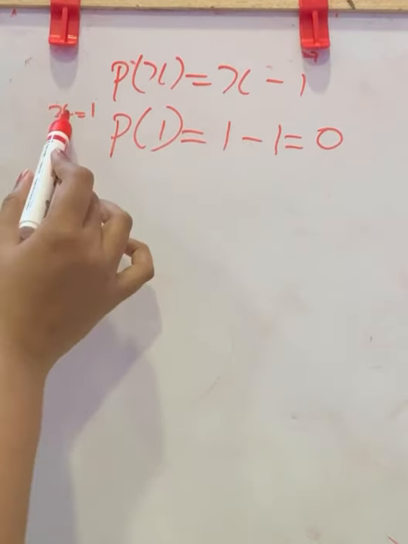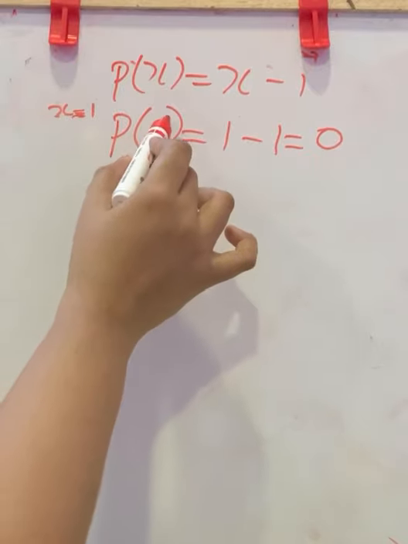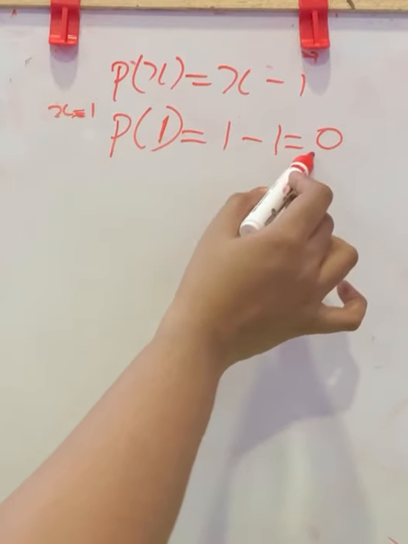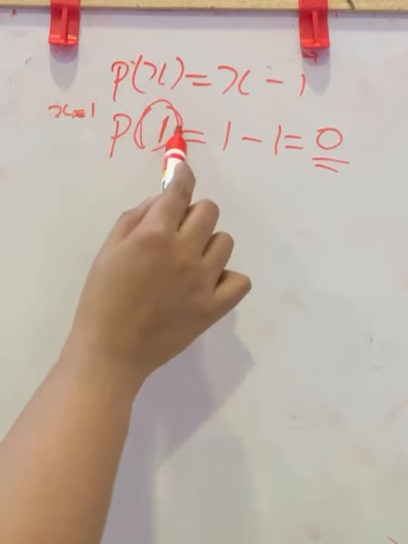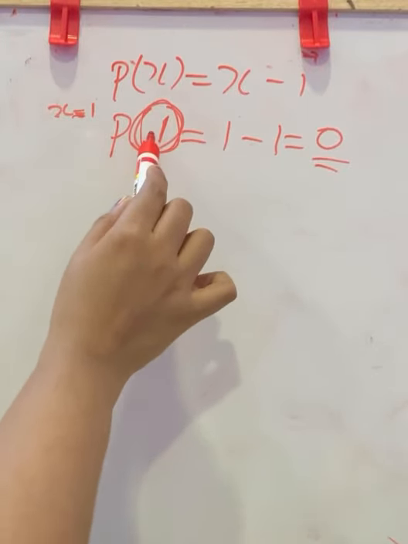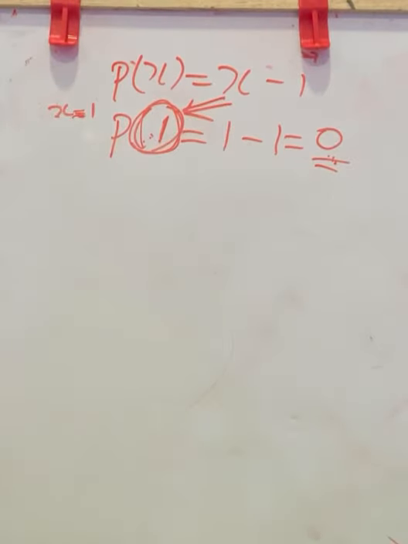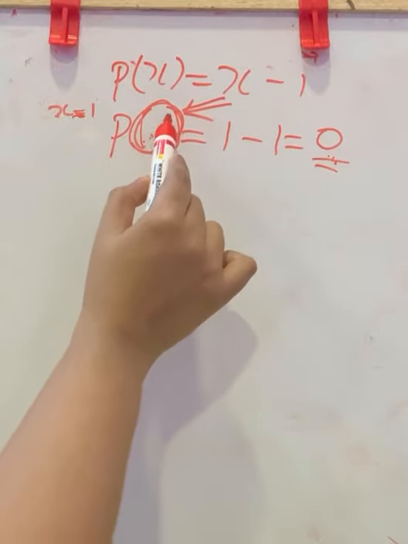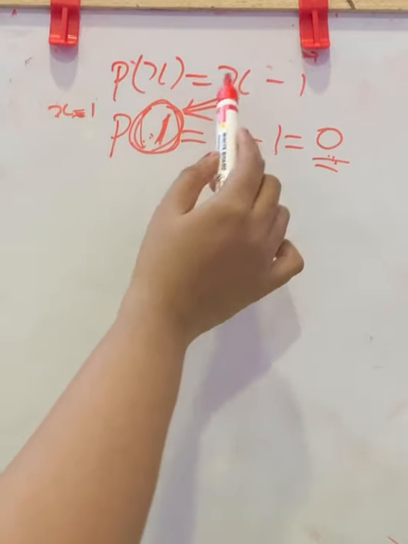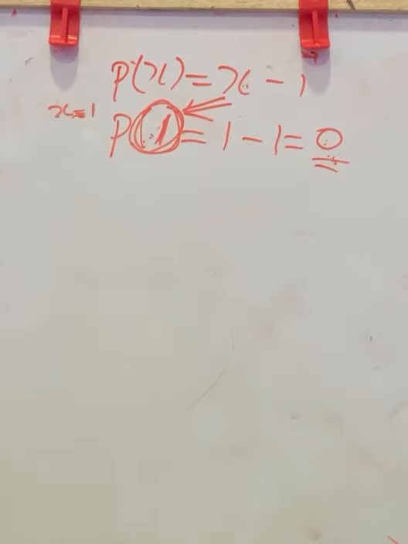So here, when we substitute the value of x as 1, we got the result 0 for this polynomial. And this value which we substituted to get the answer 0 is called the zero of the polynomial. So the zero of this polynomial is 1, because when we substituted 1, we got the answer 0.